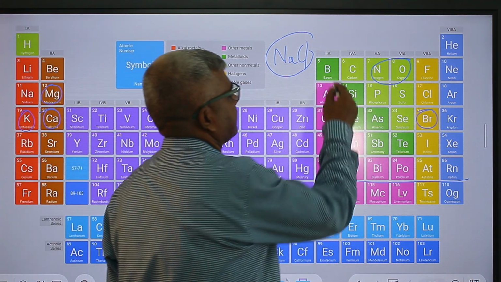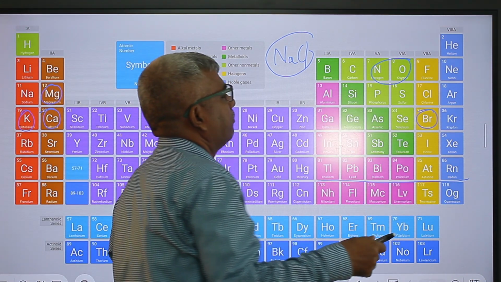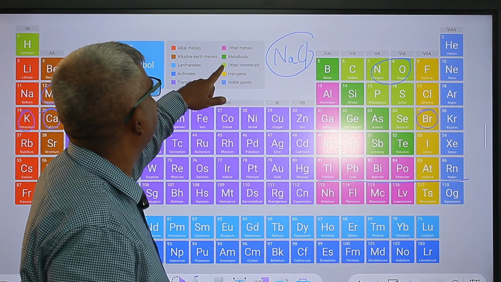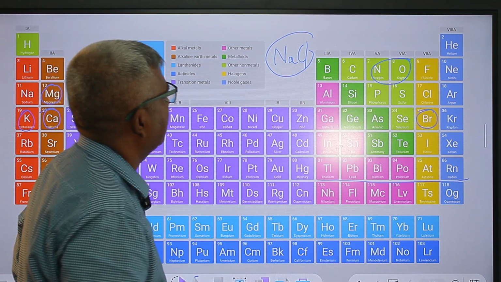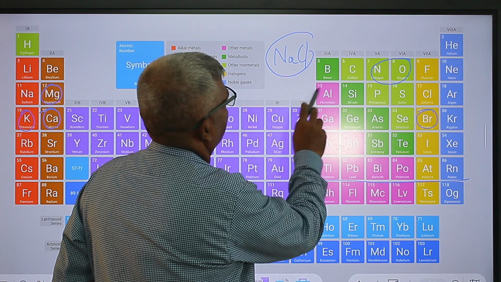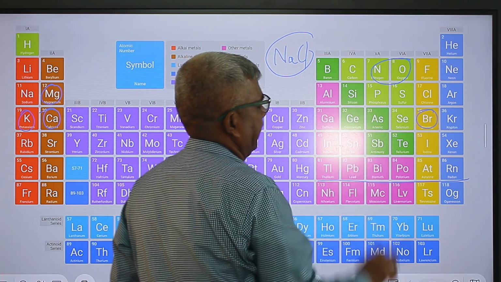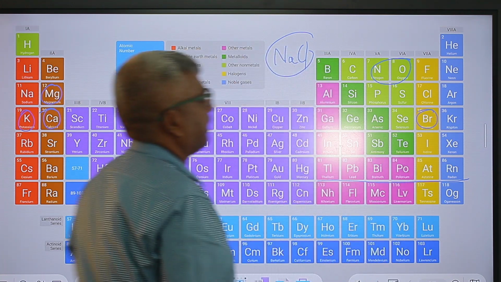Okay, boron is non-metal. Okay, boron, aluminium, gallium. You see metalloids. Boron, silicon, germanium, arsenic, antimony, tellurium are metalloids.